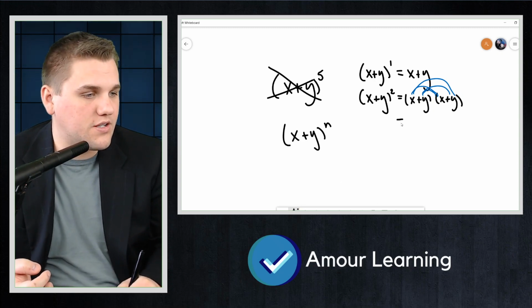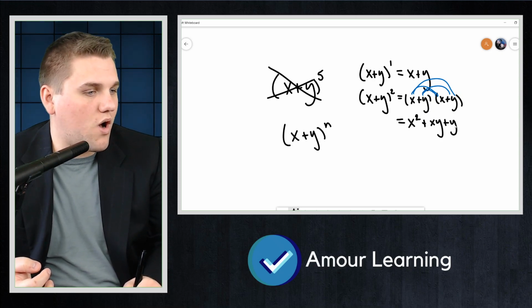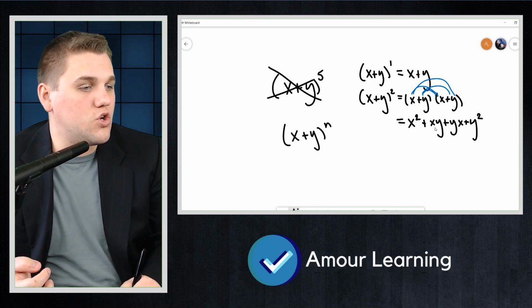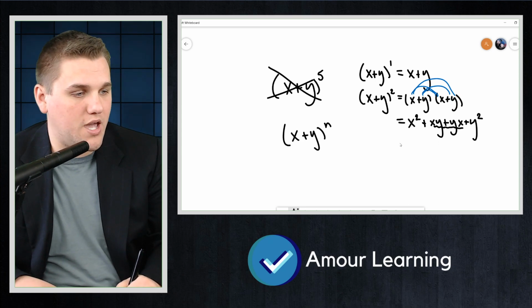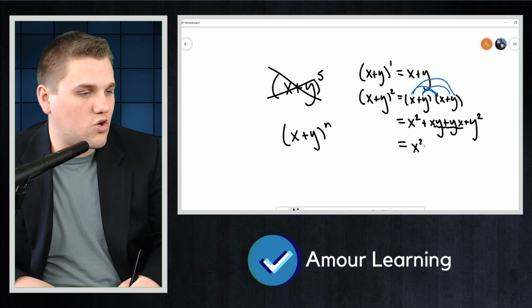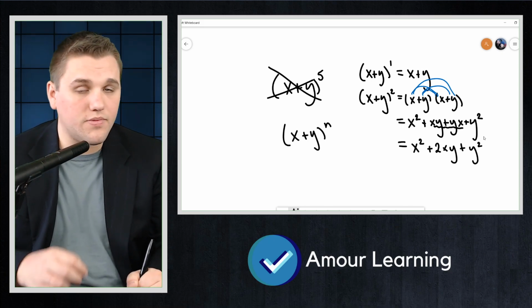This is x squared plus xy plus yx plus y squared, which you can combine those two terms to make x squared plus 2xy plus y squared.